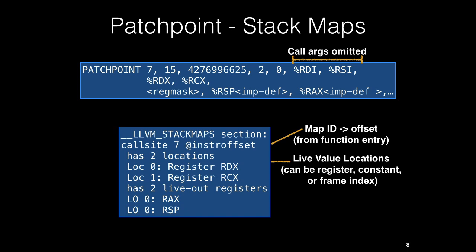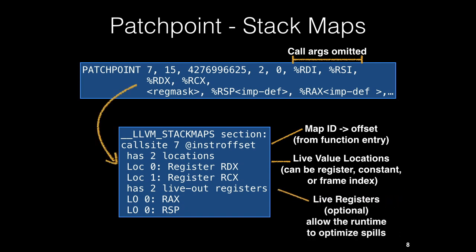We also add some additional live-out registers. This is an optimization pass we run that tells you what registers have to be alive after that patchpoint. That means when you patch that little location, you know which registers you have to spill and which you don't. So you can optimize your code there too.